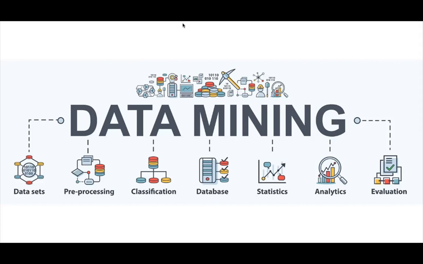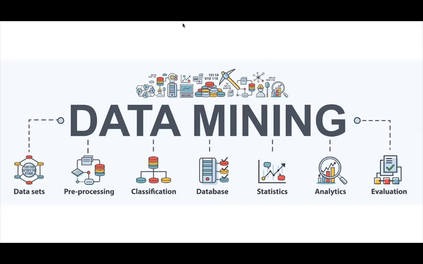Because in data mining, we have an enormous amount of data, and we are going to dig through, mine, or pursue knowledge in it. That's referred to as knowledge discovery in data, KDD.